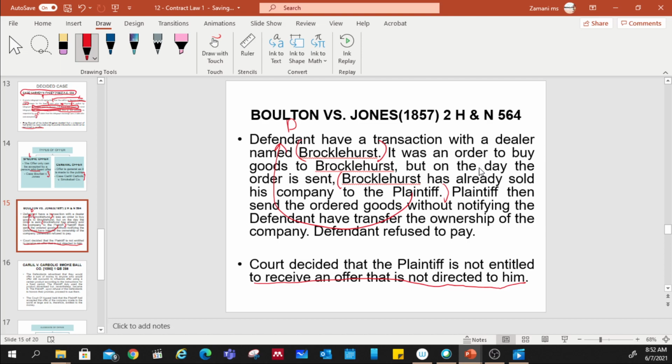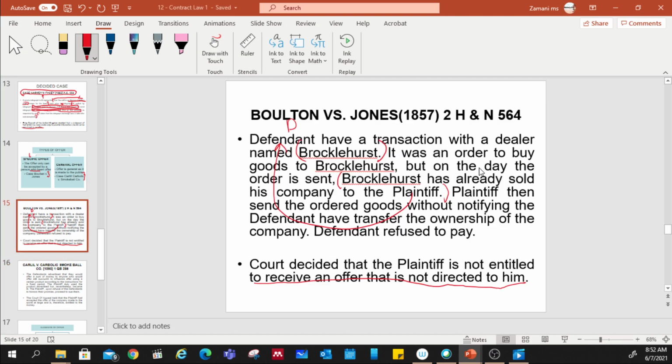The defendant did the deal with the original owner, but on the day the business was sold to the plaintiff, the defendant did not know. So the defendant is not going to pay, because this was not a direct deal with the plaintiff. That's the court case of Boulton versus Jones.